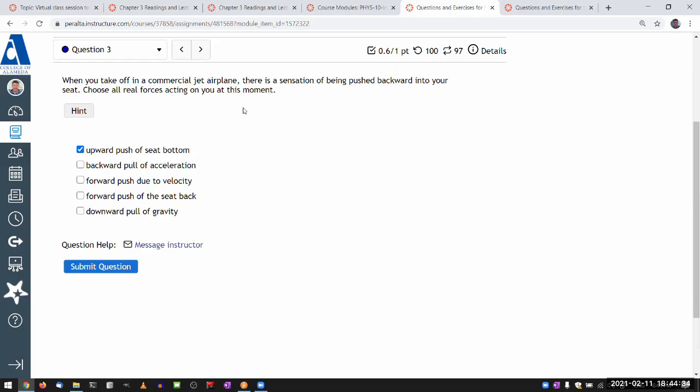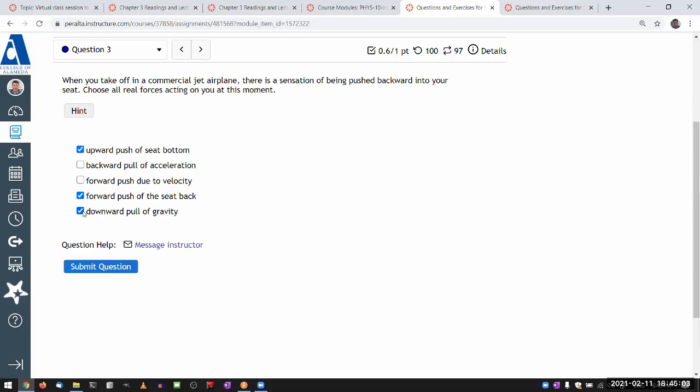And I think a lot of people may have the temptation to check this because you feel like something is pulling you back. What I want to make sure that you don't check is that this is not it. This is not the sensation that you are being pulled backward, that everyone feels. But the way we describe it is not as there being a backward force on you. There's actually a forward push on you.